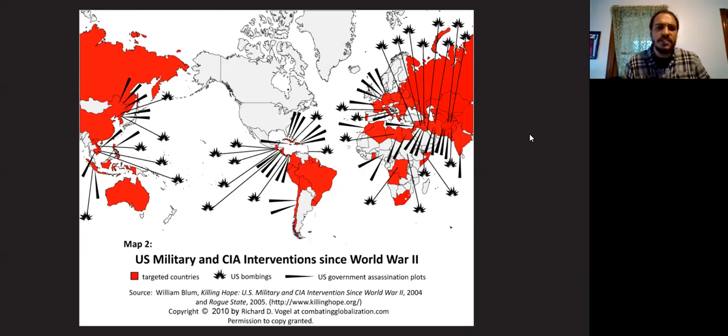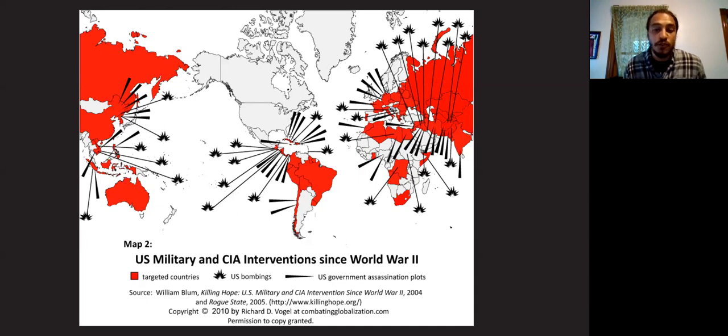This is a map of CIA and military interventions, as well as bombings across the country just since World War II. If you'll notice, a lot of those red portions tend to be very, very poor countries that have switched hands over the years. That's intentional. You'll also see that a lot of the assassinations that the CIA undertook are along the coast, because we have one of the most powerful navies in the world.